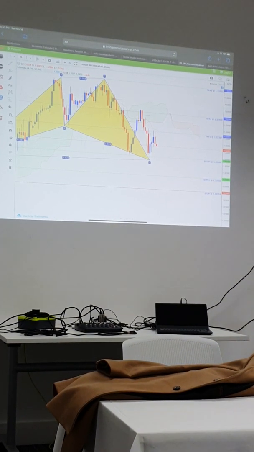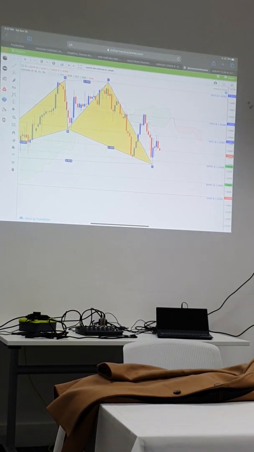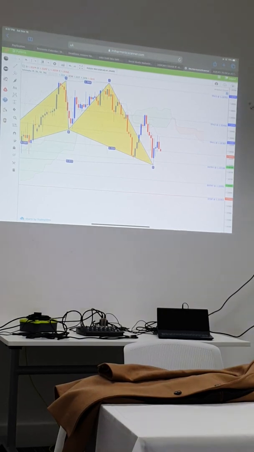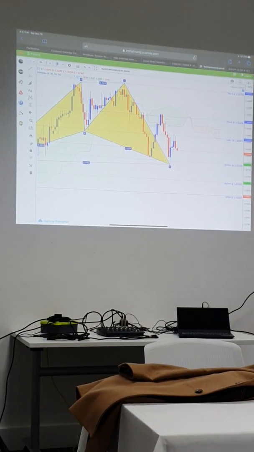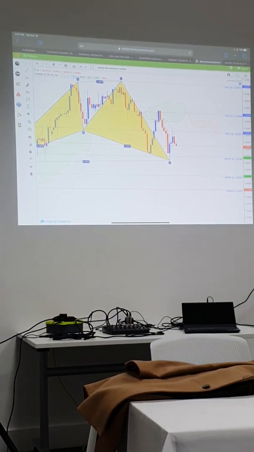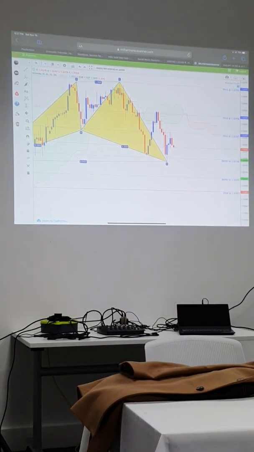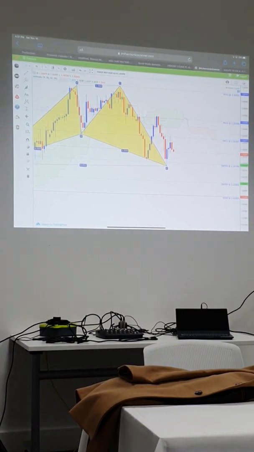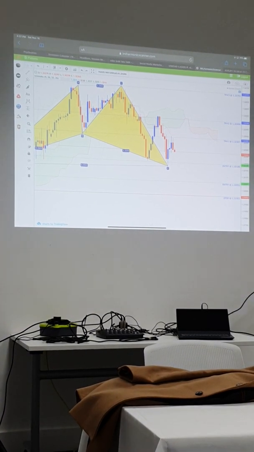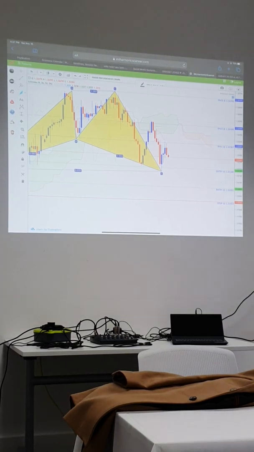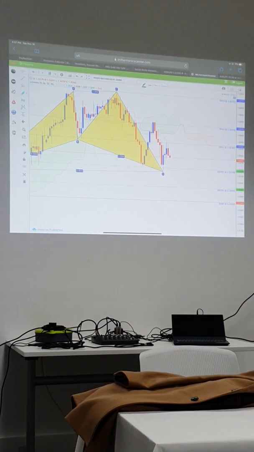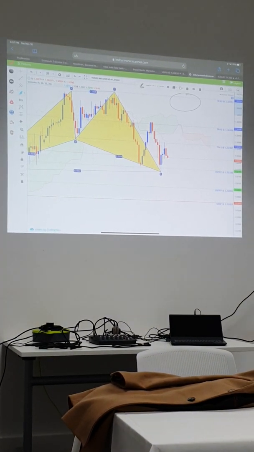Now here's the important question you've got to ask yourself. What is the actual structure, or what is the cloud telling you? Overall sell. Why? It's below the cloud. So now you have a decision to make. The first process of elimination, would you go for TP3? No, you wouldn't. So TP3 is out of here.